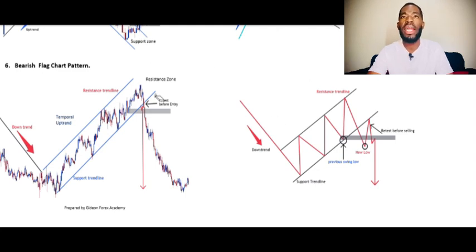This can be in an uptrend. This chart pattern can also form in an uptrend, so it is not restricted only to a downtrend. But if your previous trend was a downtrend, like in this case, when this flag forms and there is a breakout at this point, this could mean a continuation of your previous downtrend.